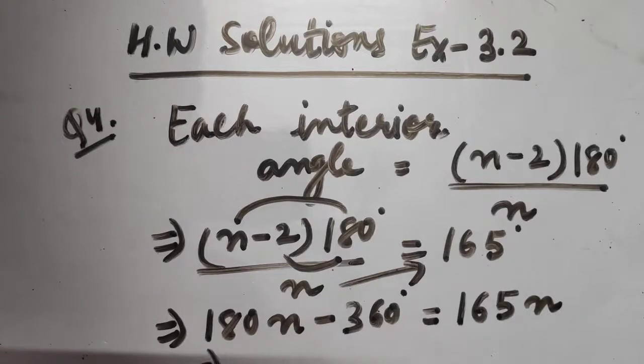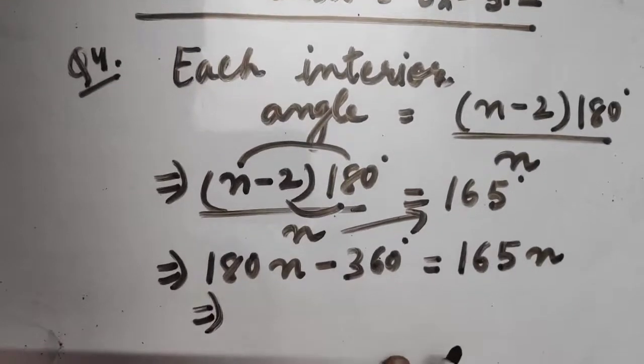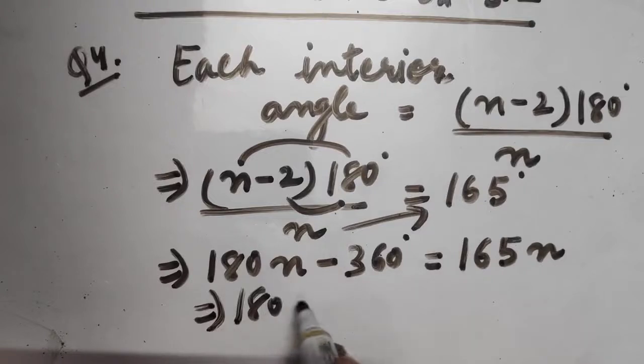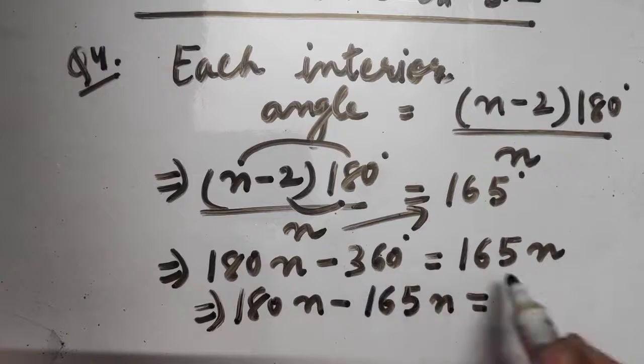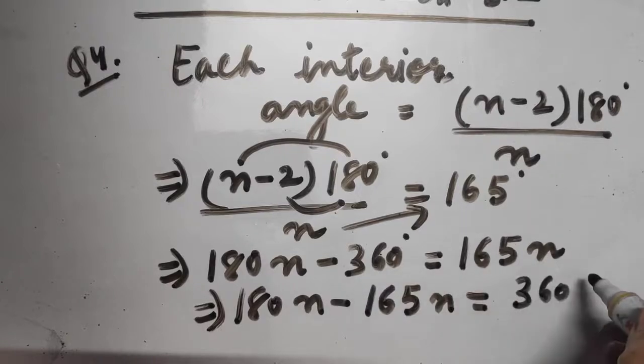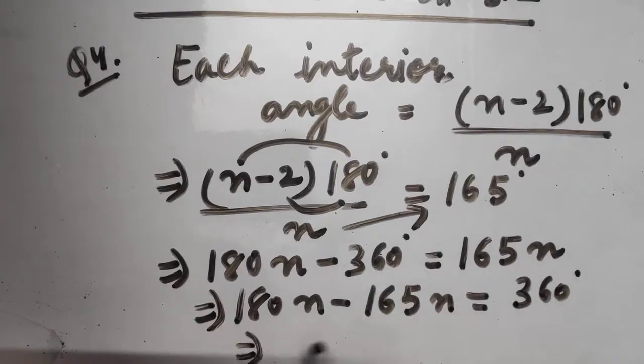So now placing the like terms on one side, so 180n minus 165n is equal to 360 degrees. So 180 minus 165, it will be 15n is equal to 360 degrees.